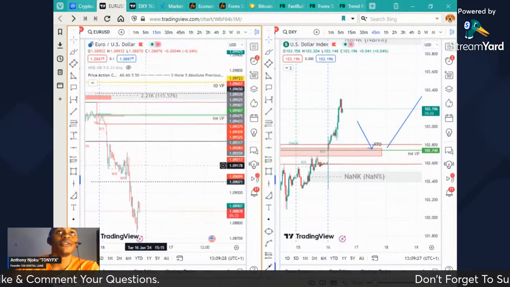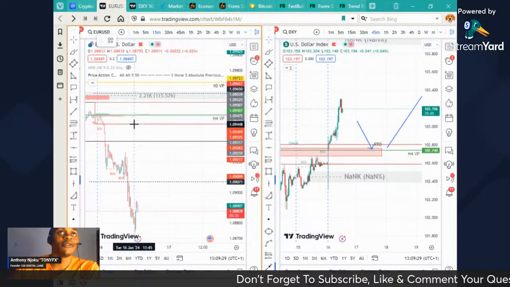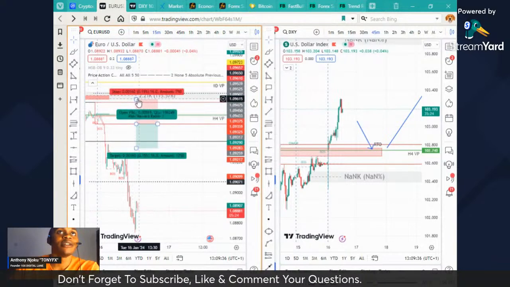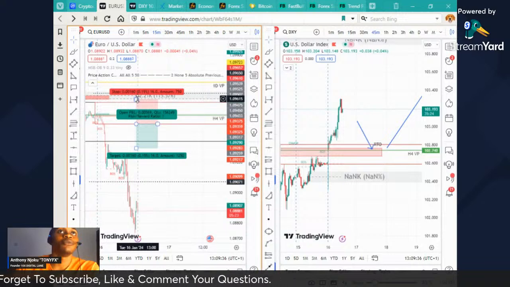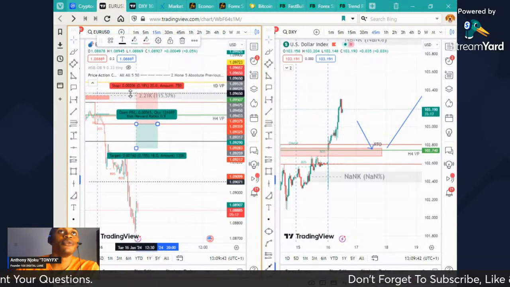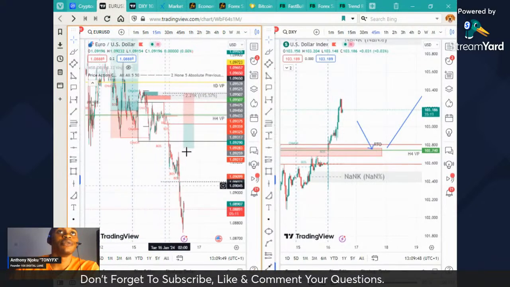So let's say we place our pending order for this point. The market will come back any moment to pick it, and we get a stop loss above this high. This is about 20 pips stop loss above that high.